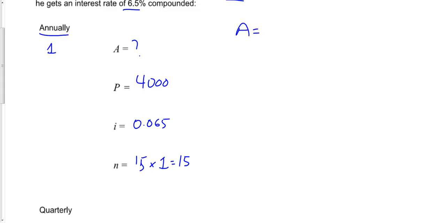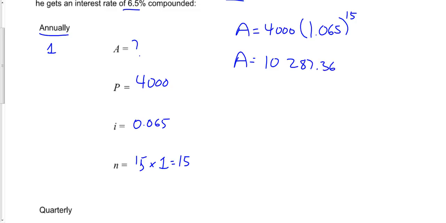So my final amount is going to be $4,000 times 1.065 raised to the exponent 15. So the final amount here would be 1.065 to the exponent 15 times 4,000, which is $10,287.36.